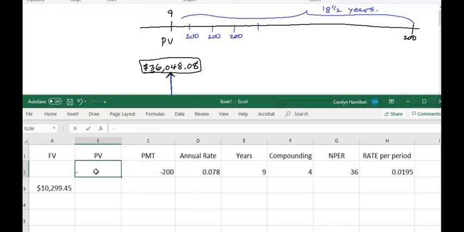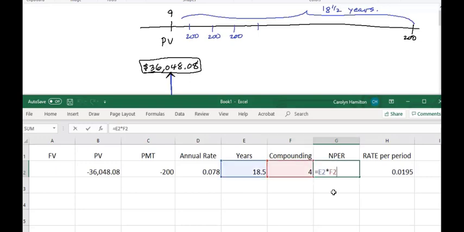So I would make that a negative $36,048.08. Okay, so present value at the beginning of this last half, payment negative 200. Annual rate, the same. Years is 18 and a half, still compounded quarterly.